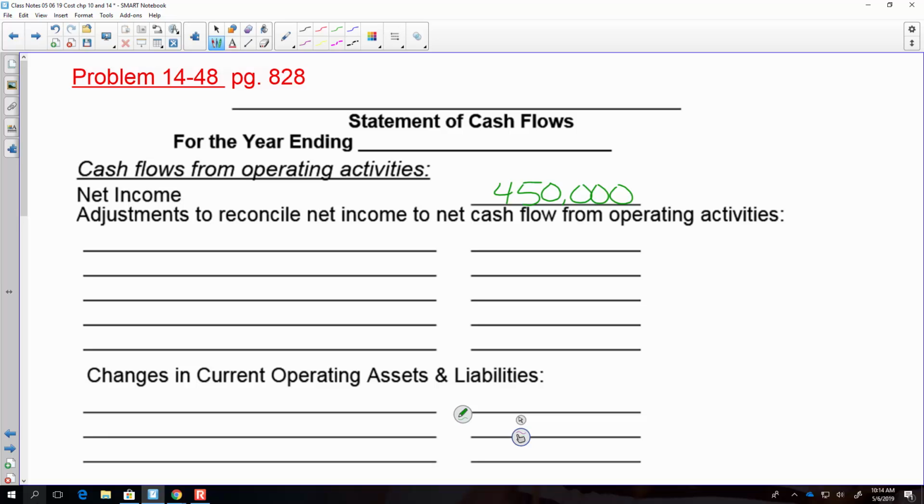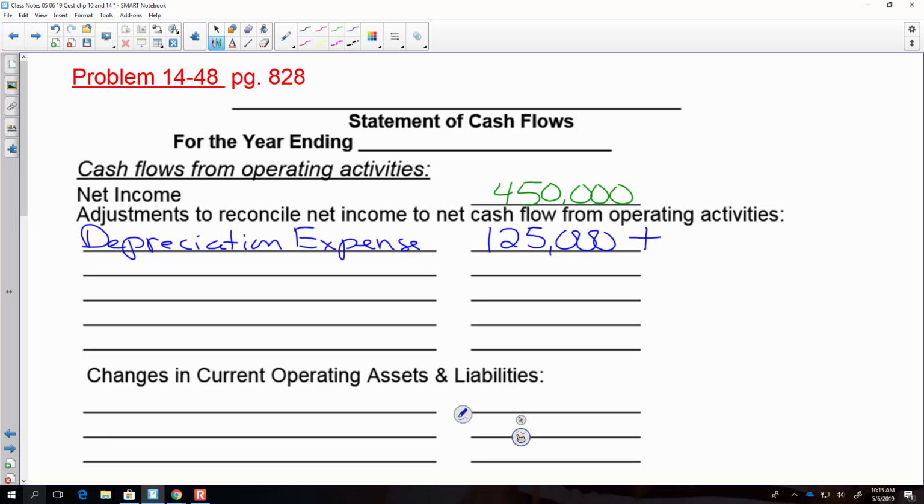Yeah, depreciation expense. Very good. So that will always be there. How much was it, Tom? 125? And what do we do? Add or subtract? Add, right?